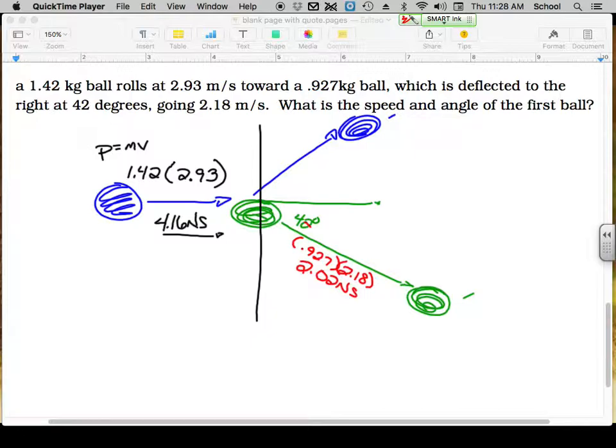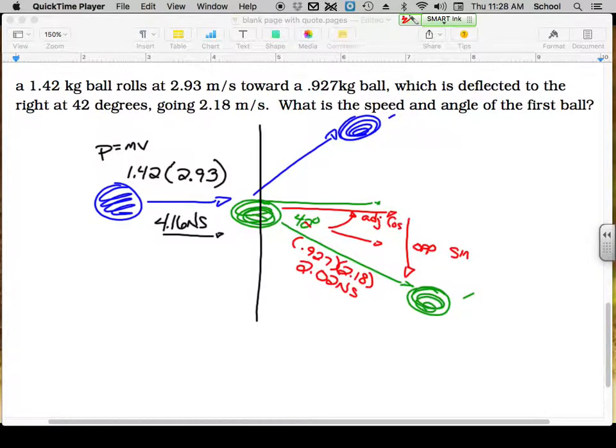Well, of course, if it's going off at an angle, it's going both forward and over to the side. And again, whenever we are looking at the opposite side, we always use sine. And here we're going to look for the adjacent side, and whenever we have the adjacent side, we always use cosine.